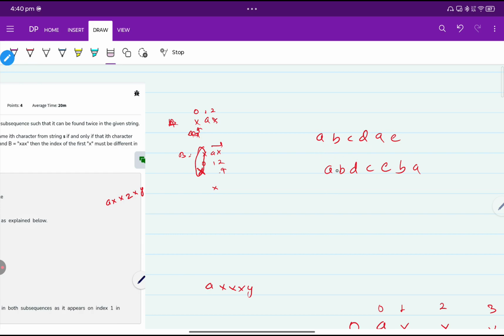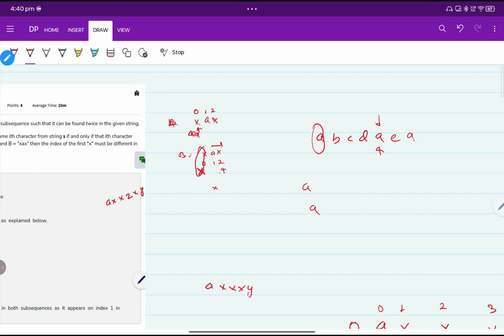If you select A from here, then other than this, can you select this A in the first string?